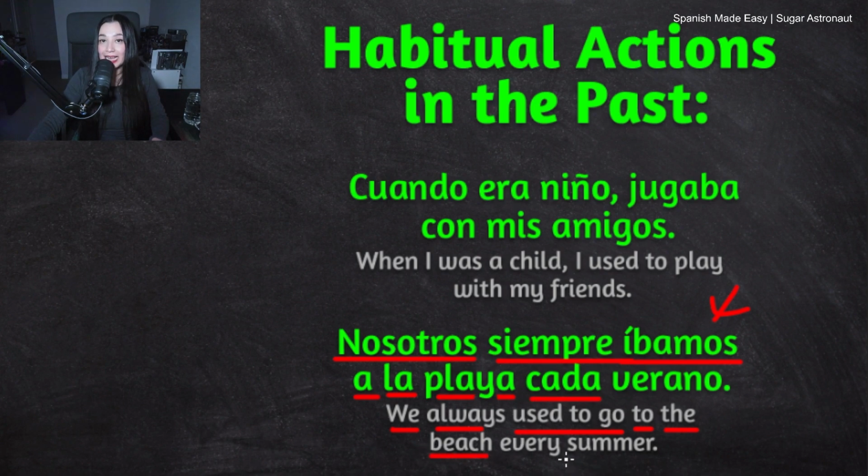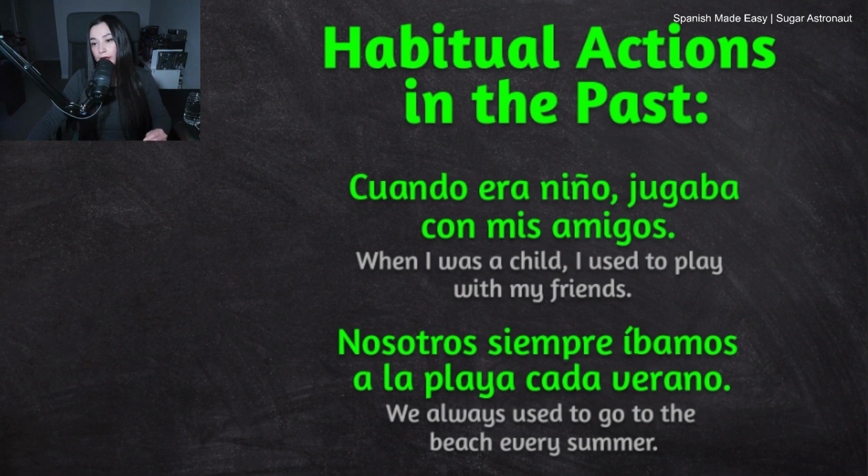Cada means each or every. It depends on the situation. In this situation it means every. Verano. Verano means summer. Okay? Nosotros siempre íbamos a la playa cada verano. Interesting. Must be nice to go to the beach every summer for sure.